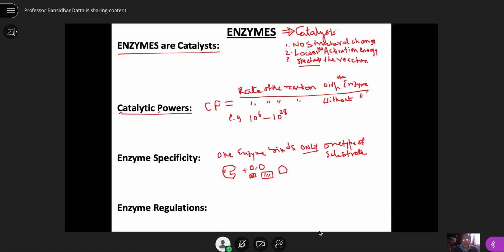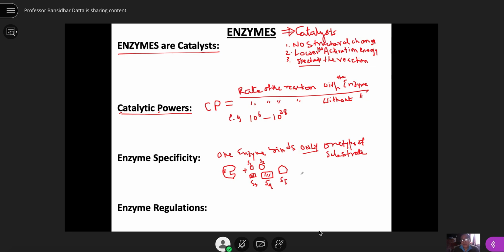These are all substrates: substrate 1, substrate 2, substrate 3, S1, S2, S3, S4, and S5, where S is the substrate. You could have many.